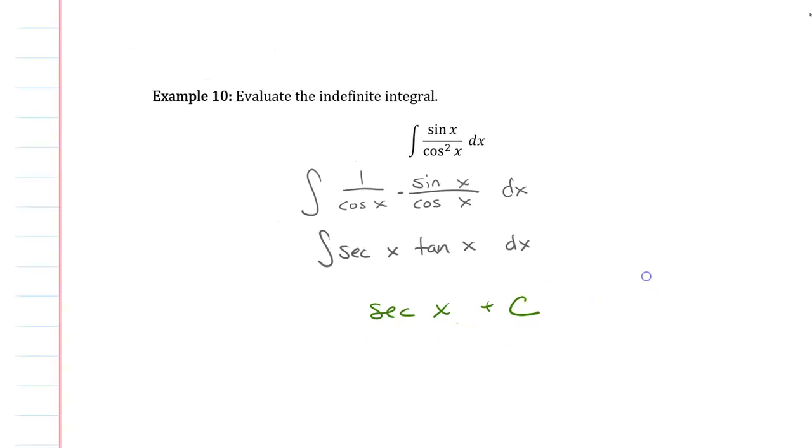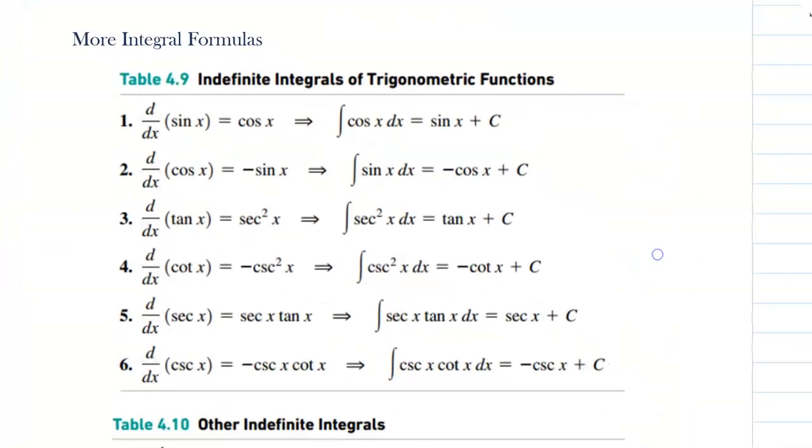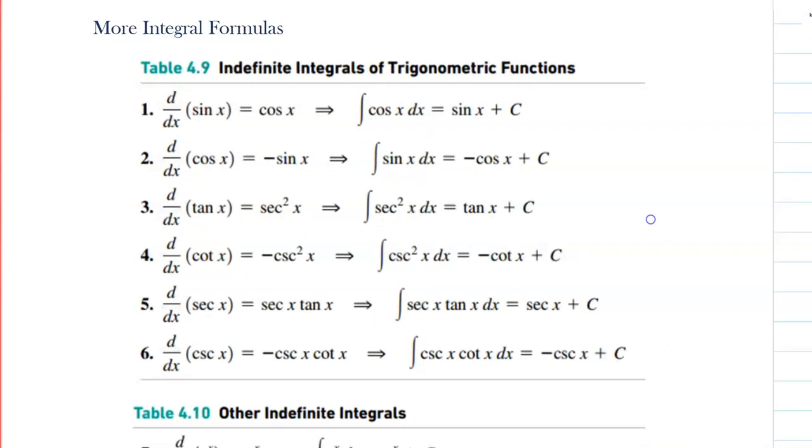The last page that I gave you, page 5, does have 2 tables of integrals, and you can memorize these if you so wish. It's probably a good idea, actually, to help you out a bit. Or you can think to yourself the way we did in the first few examples.